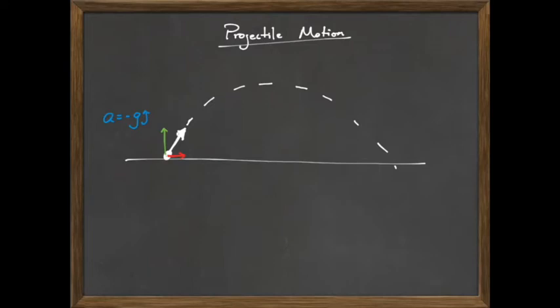So because the acceleration is always downward, that's going to cause the vertical velocity to change, because since those are parallel, those magnitudes will always affect one another. For that reason, sometime later, the ball is, say, here. The velocity vector is tangent to the curve.